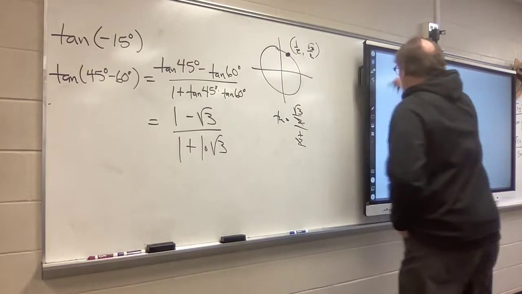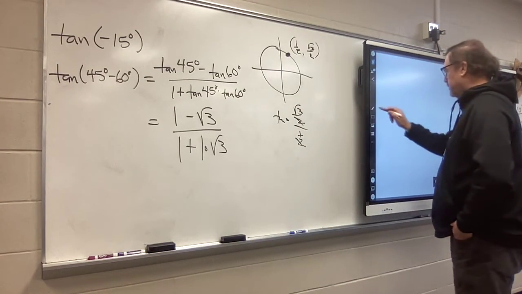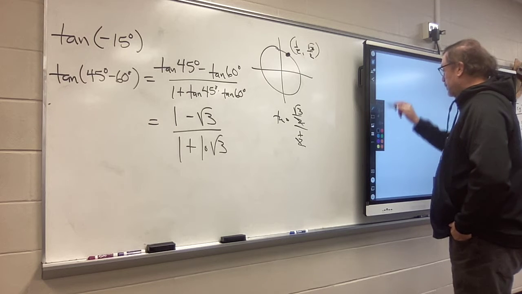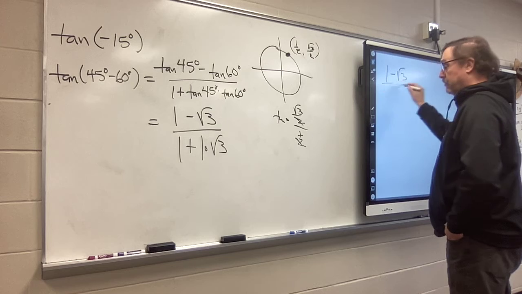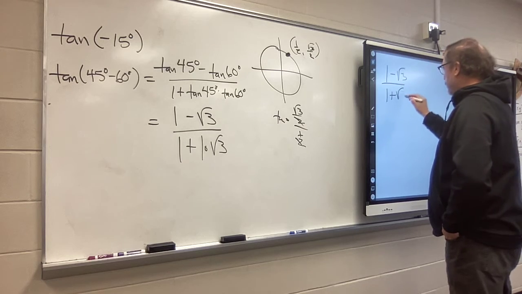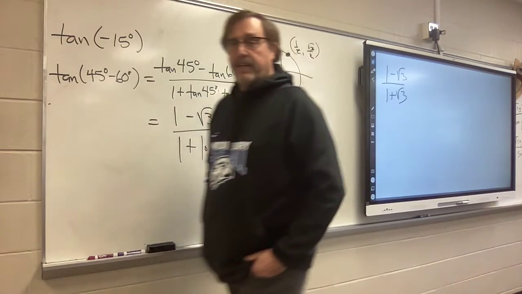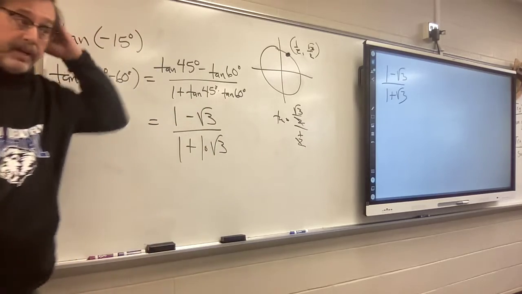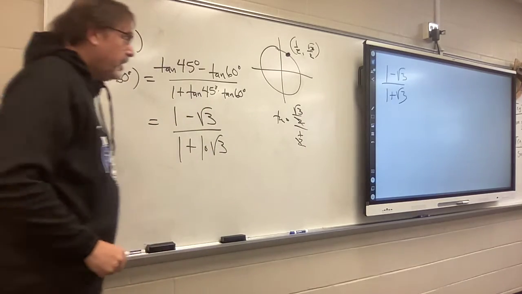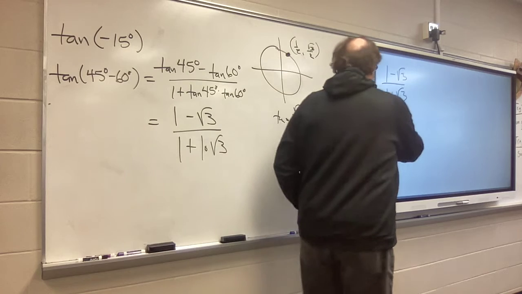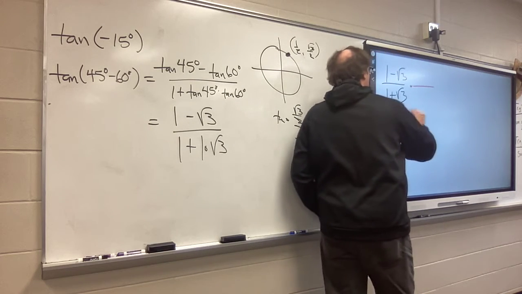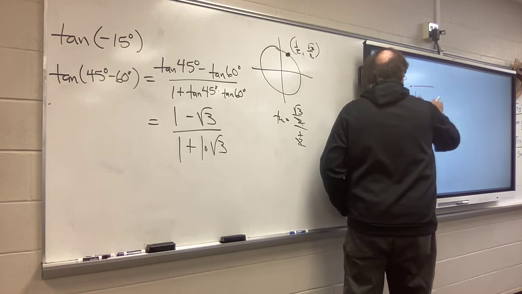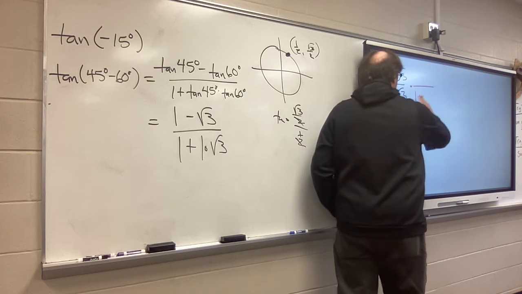So here's where we are. Is that where we're at? Say yep. Yep. All right, we can't have denominators with a square root, so now we're using our algebra 2 skills. If the denominator is 1 plus root 3, oh my goodness, I already did it wrong.